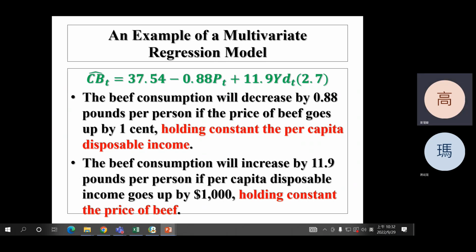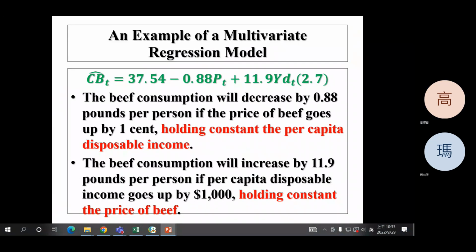Okay, then if this is a multivariate regression model, you have to add one more sentence, which says in this example, holding constant the per capita disposable income, meaning holding constant the YD.